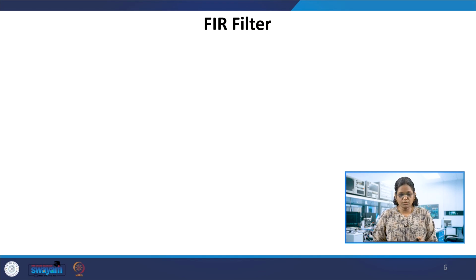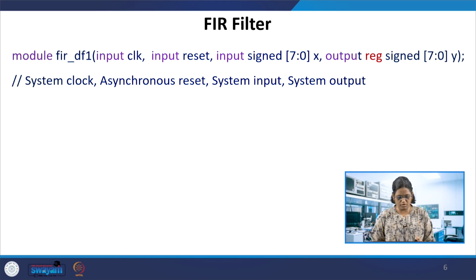Now we are going to use these shift operators in the coefficients and taps of the FIR filter. Taking the module FIR, this is the developed module, the FIR design we had done. We will code this assuming a 4-tap FIR filter.